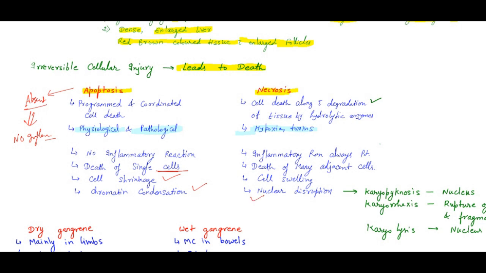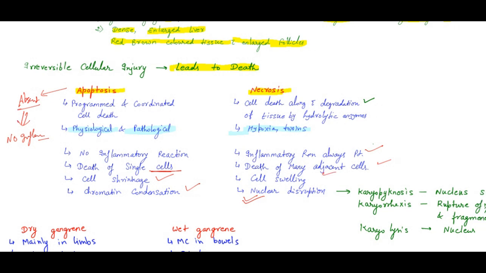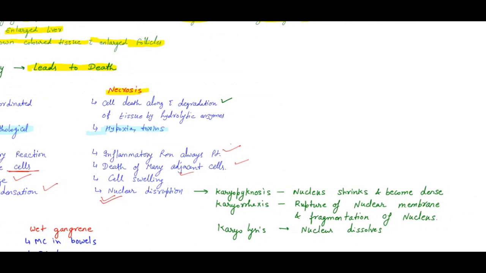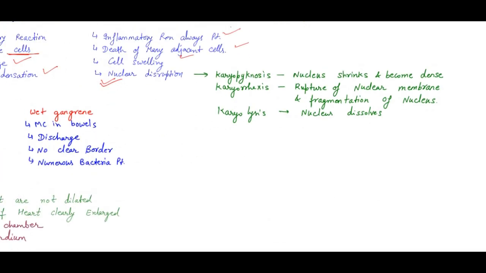Both chromatin and nuclear condensation occur, or nuclear disruption occurs. In necrosis, the inflammatory reaction is present, with death of groups of cells and cell swelling. Remember, the nuclear disruption can be karyopyknosis, karyorrhexis, or karyolysis. Karyopyknosis means the nucleus shrinks and becomes dense. Karyorrhexis means rupture of the nuclear membrane and fragmentation of the nucleus. Karyolysis means the nucleus is dissolved.